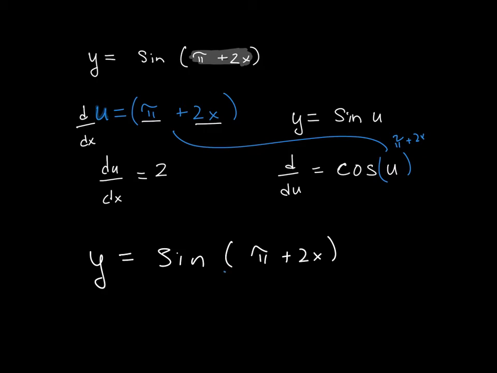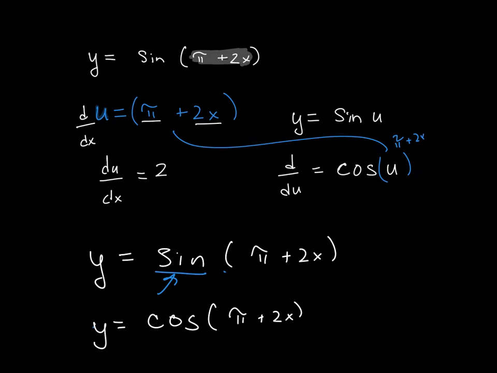So the outside, take the derivative of the outside. So that is just y is equal to the cosine of everything on the inside stays the same. I'm taking the derivative only of the outside function here.